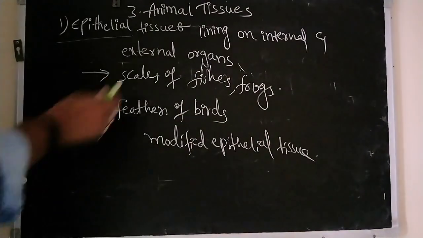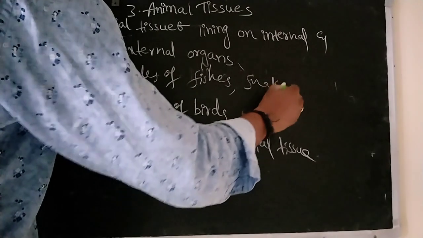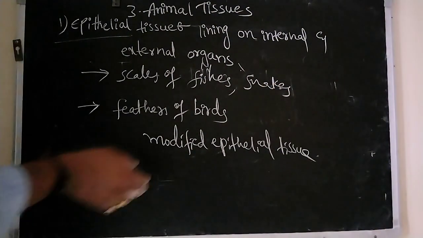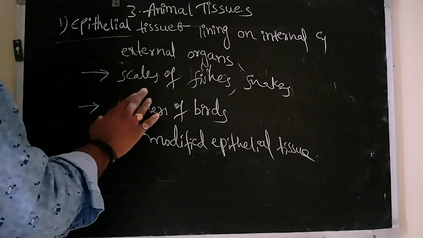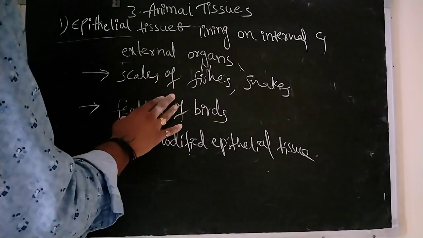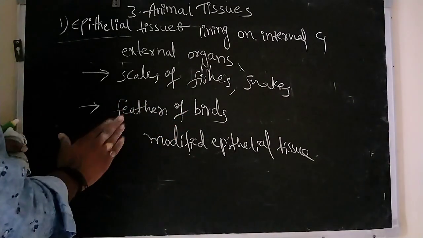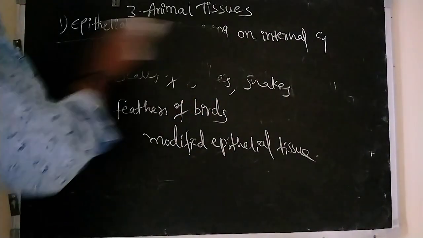So these are the types of epithelial tissue: squamous, stratified squamous, cuboidal, glandular, columnar, and finally modified epithelial tissue.